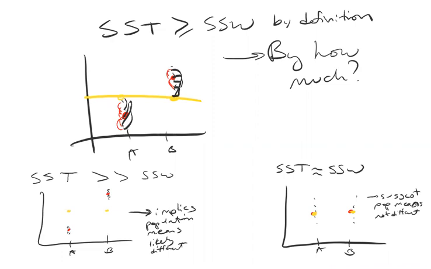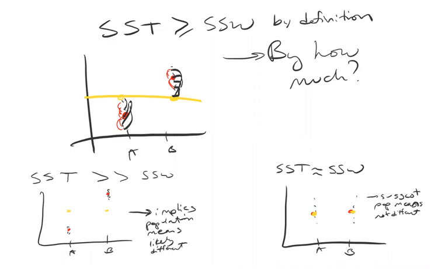Now, this is something you could have told me looking at the data alone. Clearly, the picture on the left has more evidence that the samples come from populations with different means than the right picture does. The right picture does not seem to imply that the samples come from populations with different means. But now we have an idea for how to actually quantify that idea, right? Quantify that discrepancy. If SST is way bigger than SSW, that implies that we think the population means might be different.